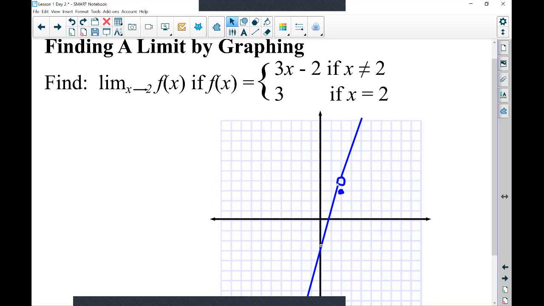It looks something like that. It's off a little bit down here.